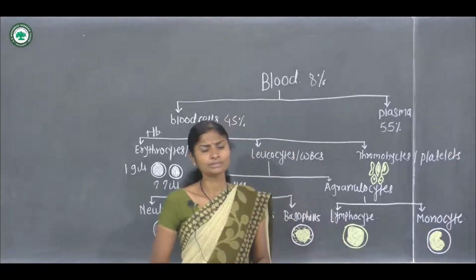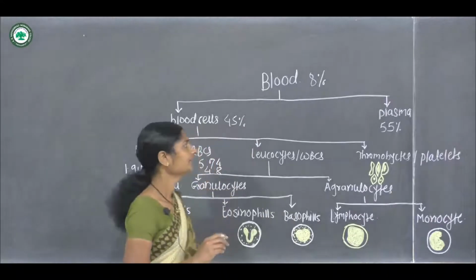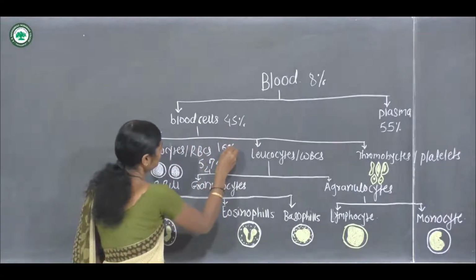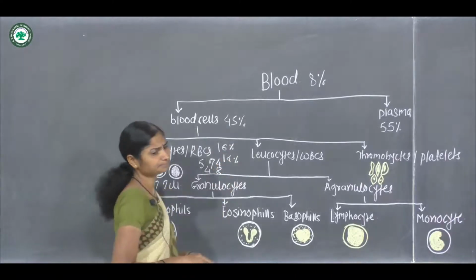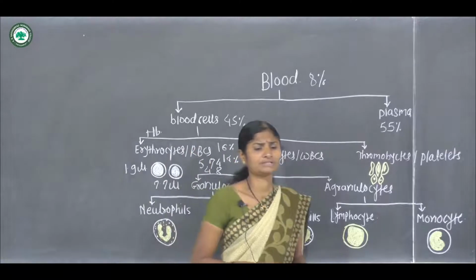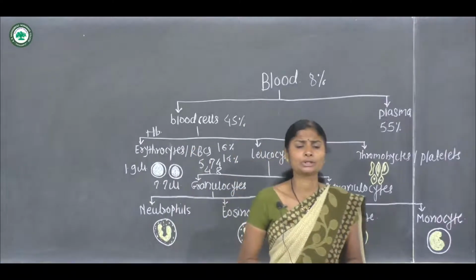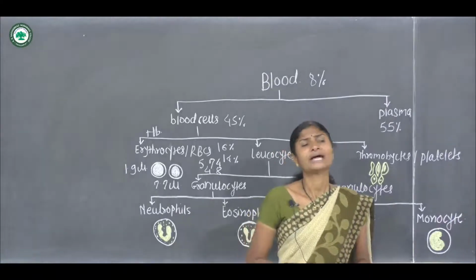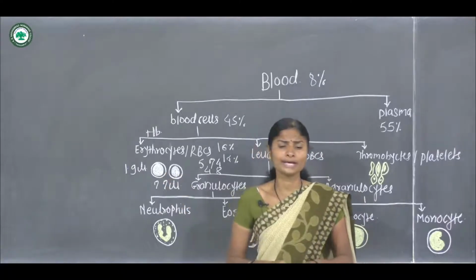In male, about 16% Hb is present, and in female, about 14% Hb is present. Erythrocytes are useful for transport of oxygen, and these erythrocytes are produced in bone marrow.